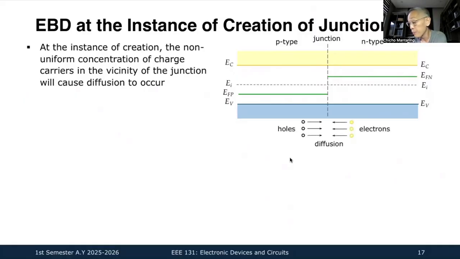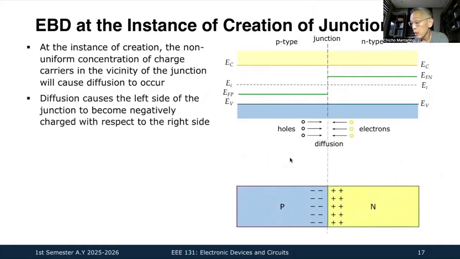So this is going to be diffusion. If there is diffusion, the side that lost holes becomes negatively charged. The side that lost electrons becomes positively charged. So you see a charge build up.